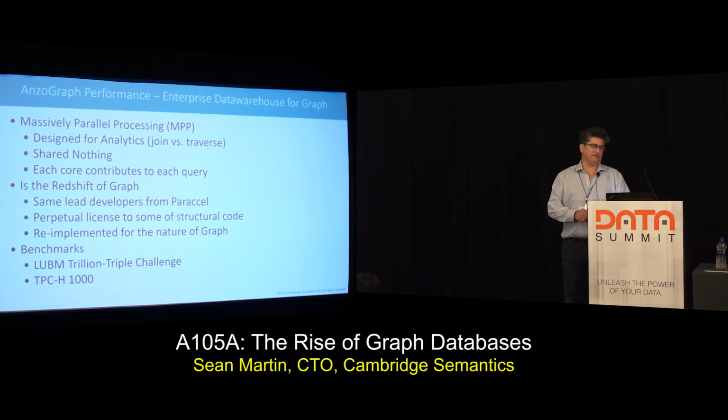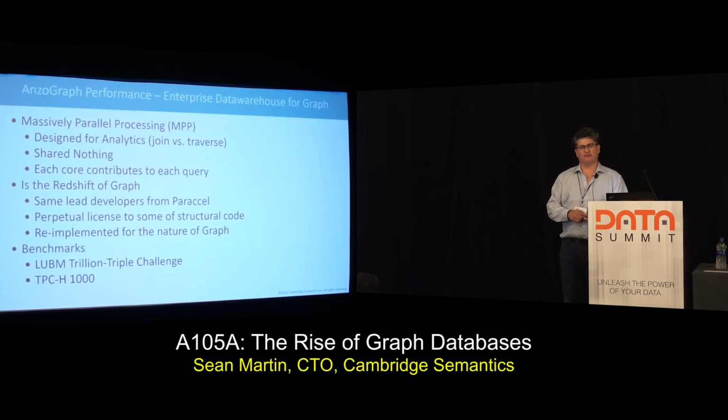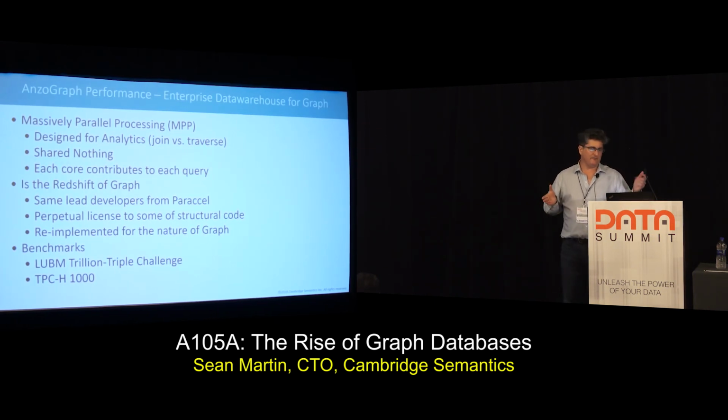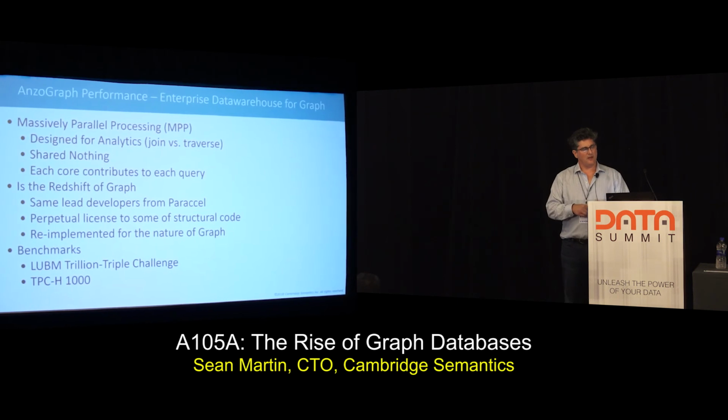Anzo Graph is a very powerful, massively parallel system, so it's like a Teradata in terms of its parallel nature. You can scale it linearly. This is our OLAP system, so it looks a bit like a Redshift or a Teradata or that ilk, except that it's graph oriented. We loaded a trillion triples into it a year ago, on a 200 node cluster on Google.